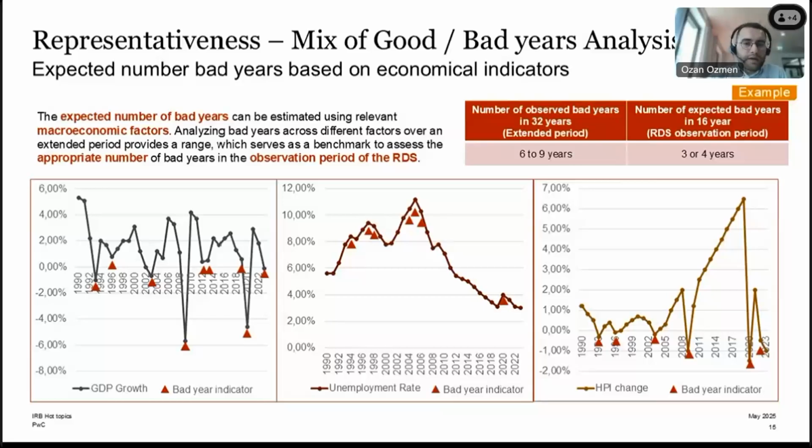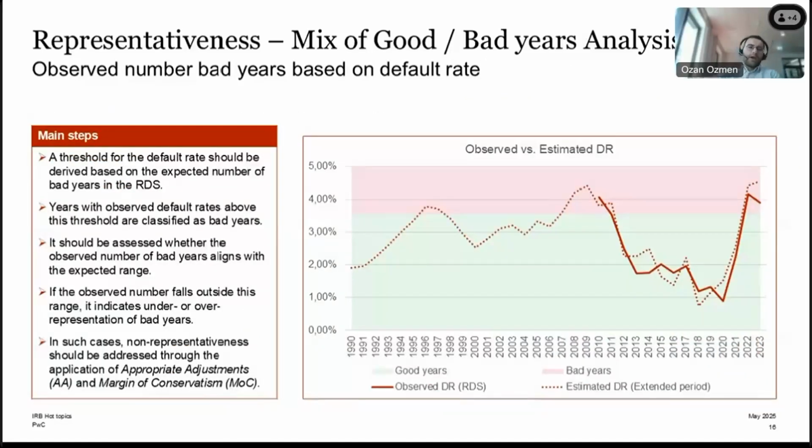Okay, this is one part of the analysis, but the other part is defining which years are bad years for us. And this is shown in the next slide. Here on the right-hand side, you see default rates extrapolated backwards.